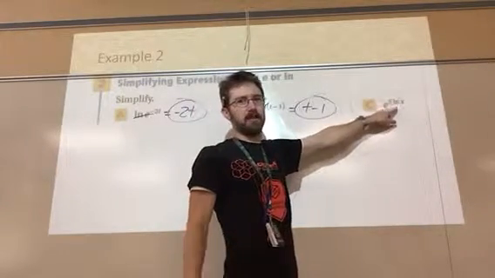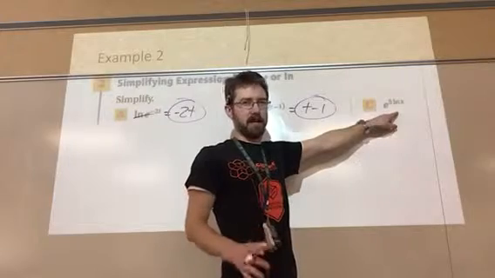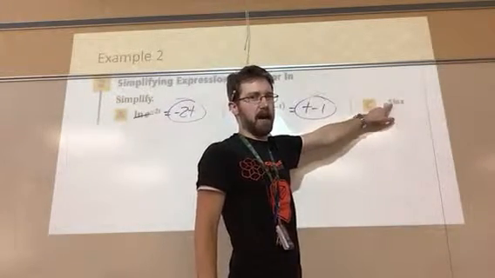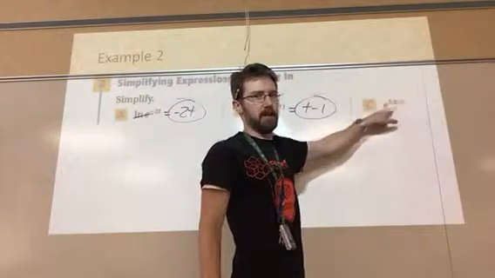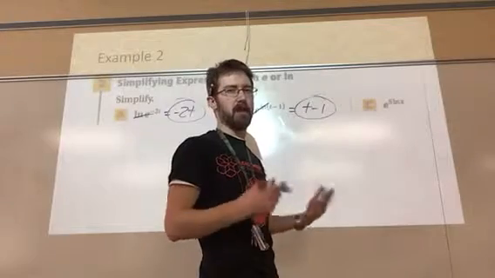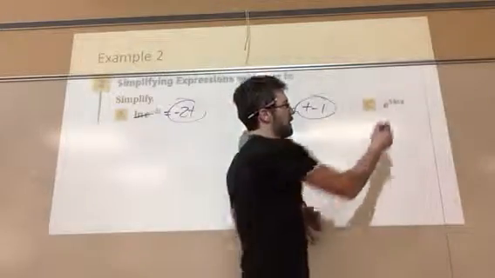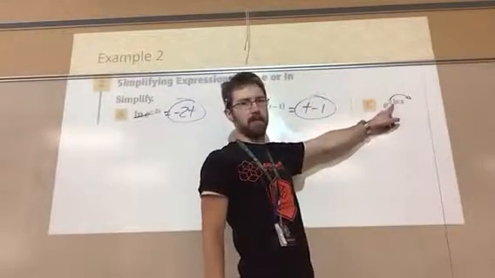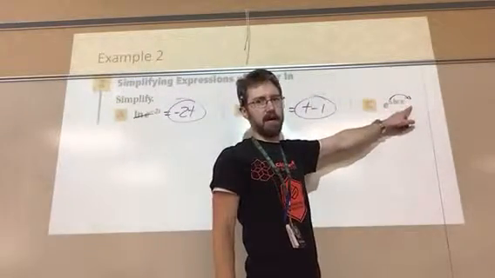Notice that the e and the natural log part are not right next to each other. I have to get this 5 out from in between the 2, and I can use one of the properties of logarithms that we learned about earlier, the power property. I can take that number that's in front and move it to the exponent.